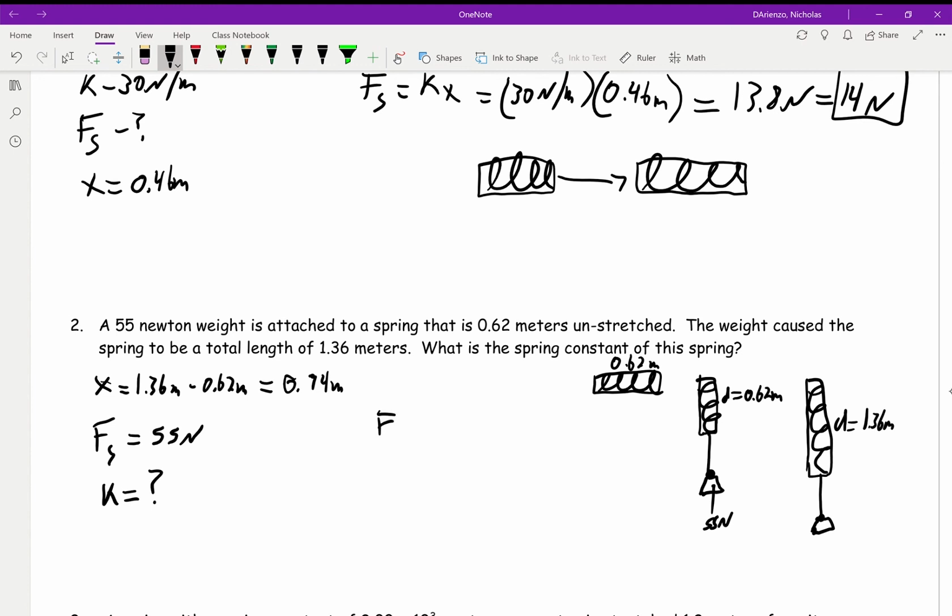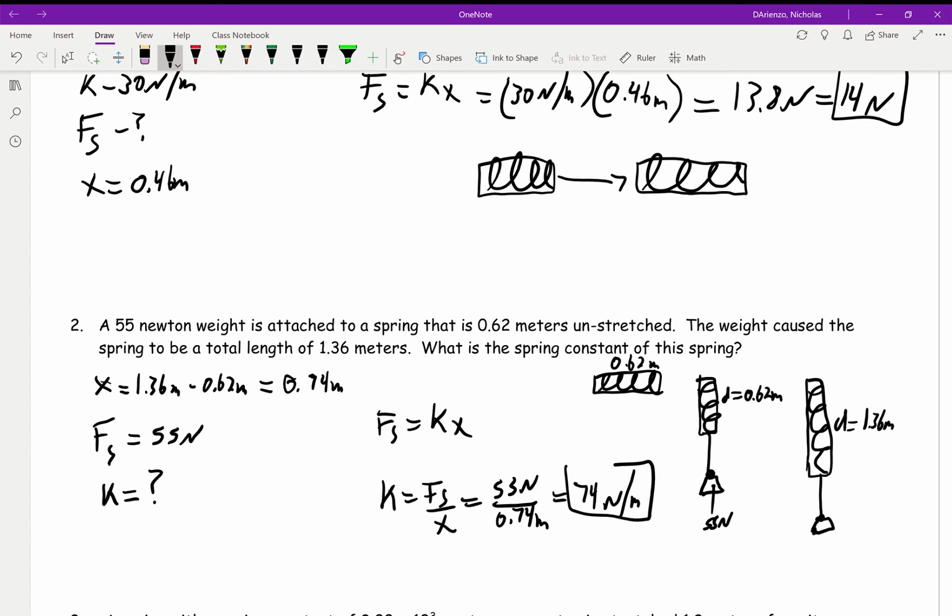So we know that the applied force equals spring constant times elongation. So k is going to equal our applied force over our displacement, which is 55 newtons over 0.74 meters, which gives us a constant of 74 newtons per meter.